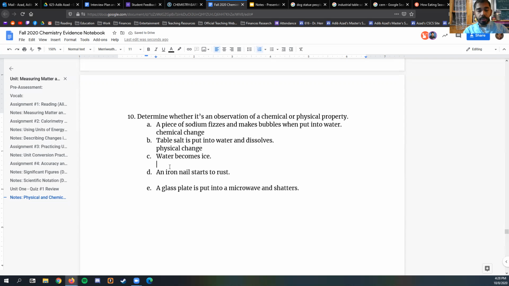Water becoming ice, you know for certain that this is a physical change. Iron is starting to rust. I've used that example previously. It's a chemical change. And a glass plate is put into a microwave and shatters. At the end of the day, that glass plate is still made out of glass, so nothing's really changed. It is a physical change.